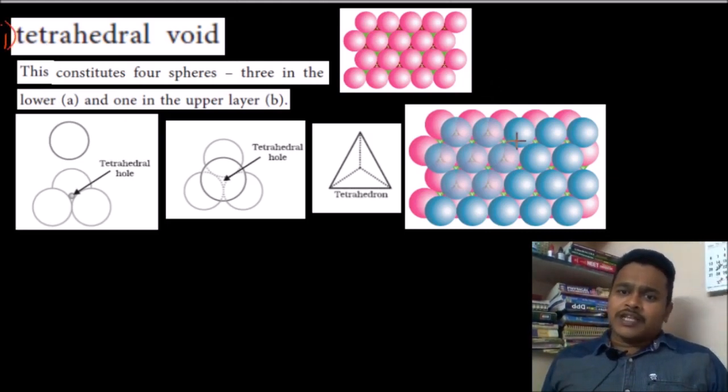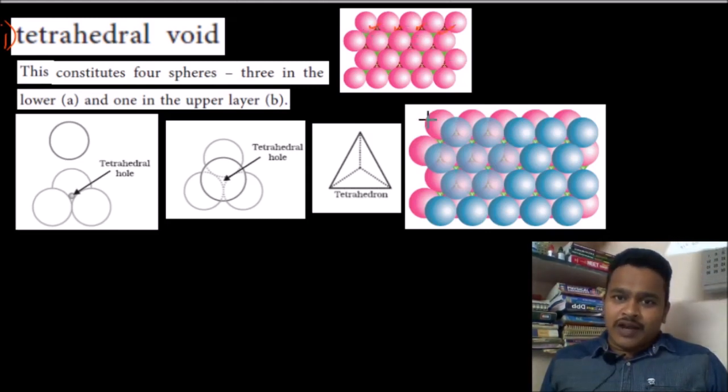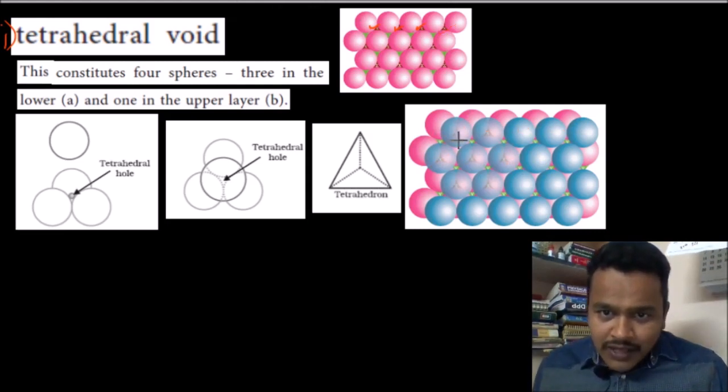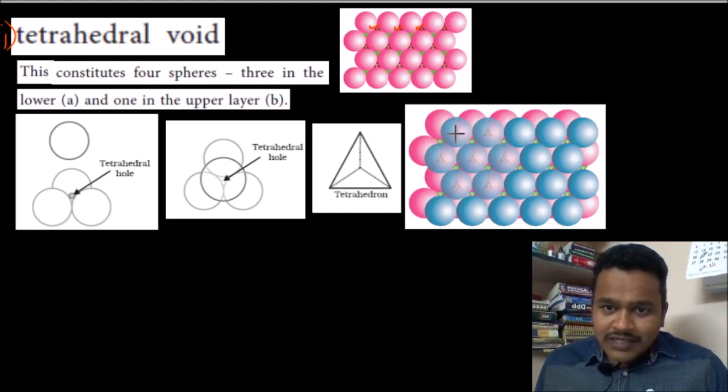See, I arranged already: whatever X gaps, X voids are there, in that X void I arranged one sphere. In the other X void, another blue sphere. Like that, in all the X voids, you can observe slightly downward the X is there. In those voids we have two types, X voids and Y voids.